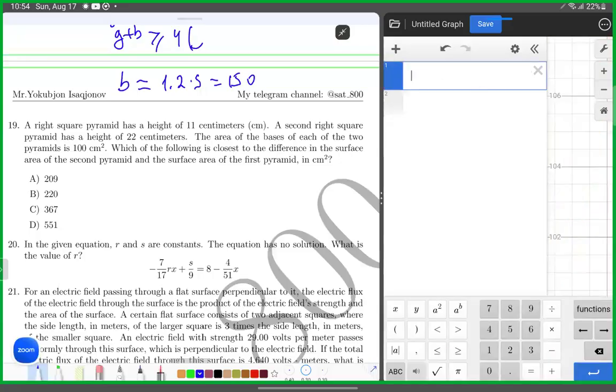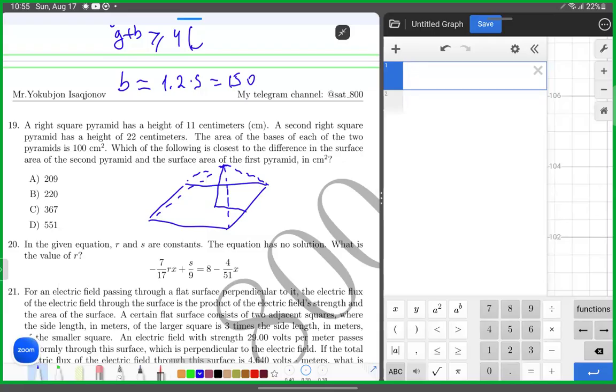The next question is about the right square pyramid. Just imagine you have a right square pyramid. This is a must-know concept, guys. Here is the apex of the pyramid. The pyramid has 4 sides. From here is the height.